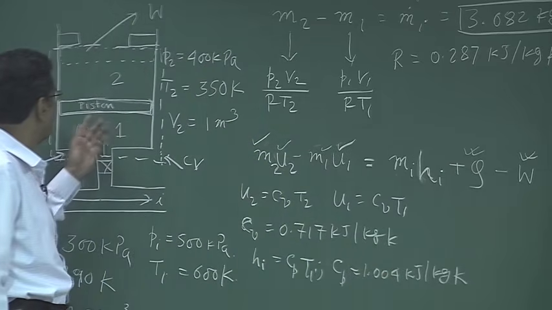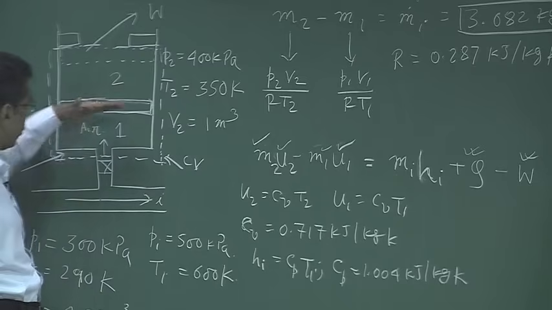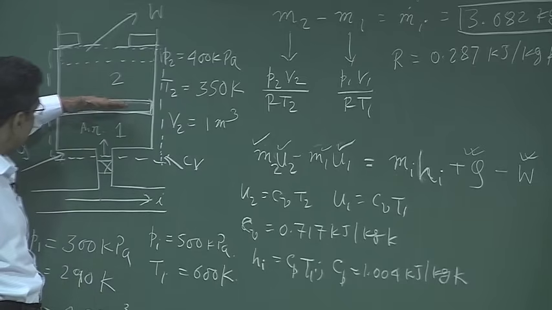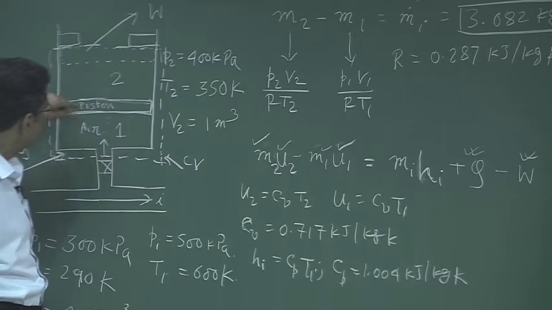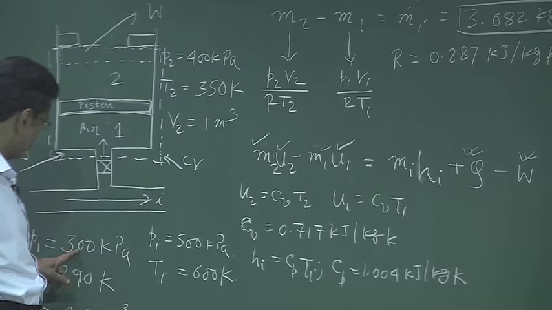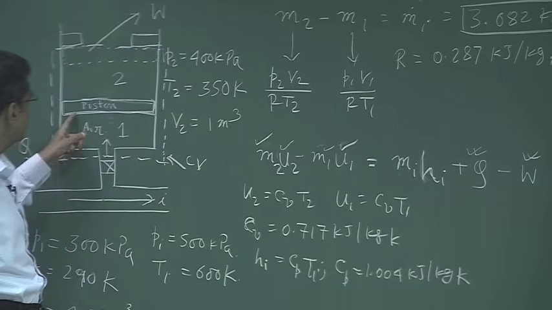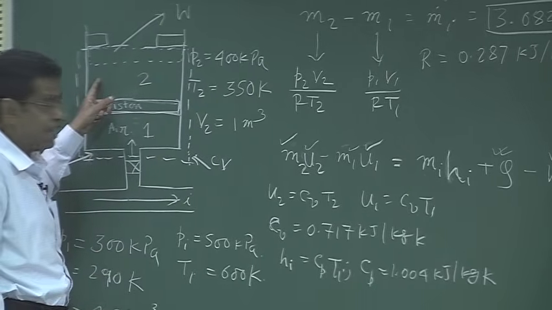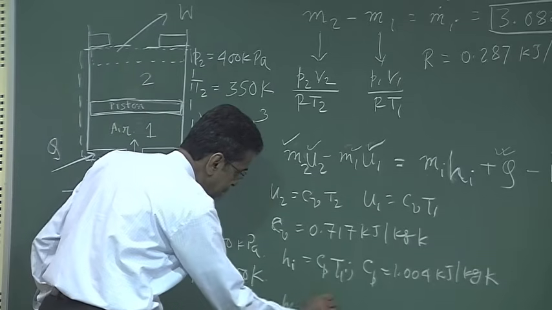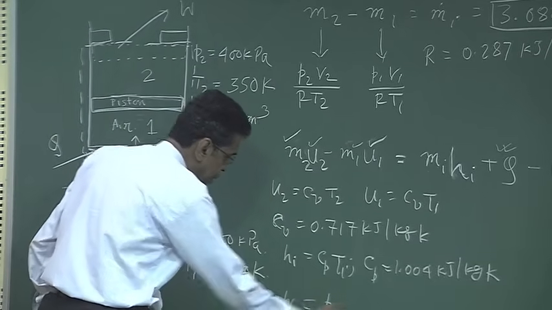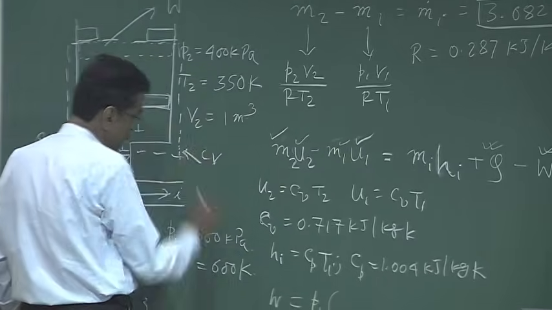This work, I have told, the piston is moving slowly, so that at all stages its weight is balanced by the pressure force, which means the pressure remains constant at 300 kilopascal. So this does PdV work, and this PdV work at constant pressure amounts to pressure P1, that is constant, into V2 minus V1.